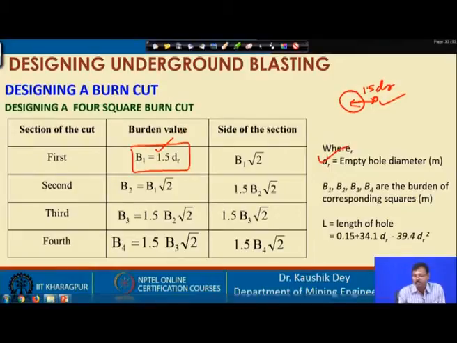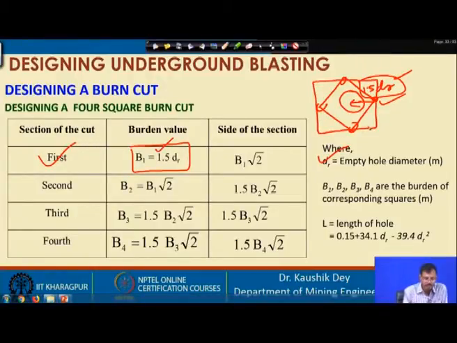In this way we can have a square like this, where all the holes are placed at 1.5 dr distance. So, this is the first square. Then we have to increase this square in this form, and you can have this formula for the square cut.